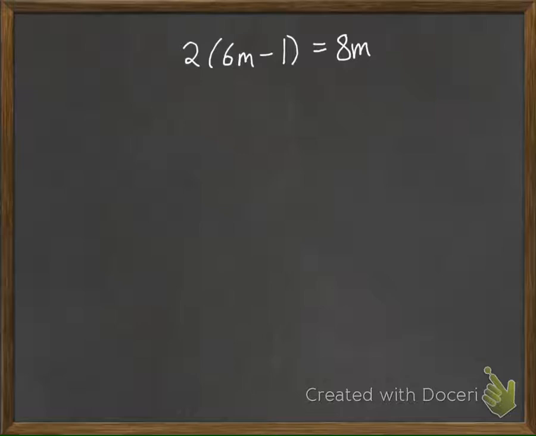So I'm going to look at my right side. On my right side, all I have is 8m. I can't do anything with that. There are no like terms, there's no distributive property, so I'm going to leave the right side alone. But on the left-hand side, I have parentheses. I can't do 6m minus 1, but I can do distributive property.